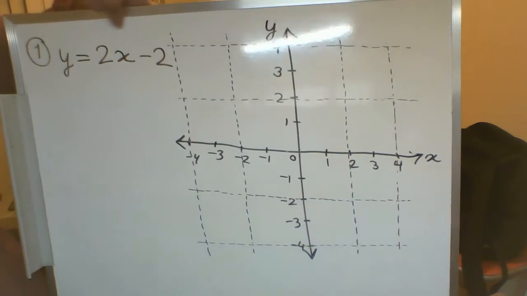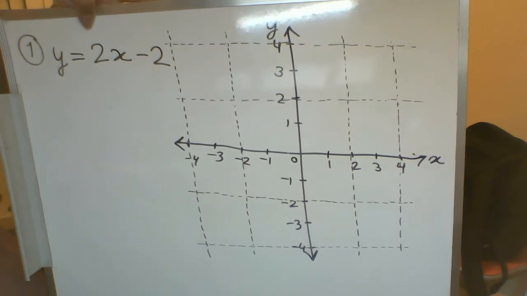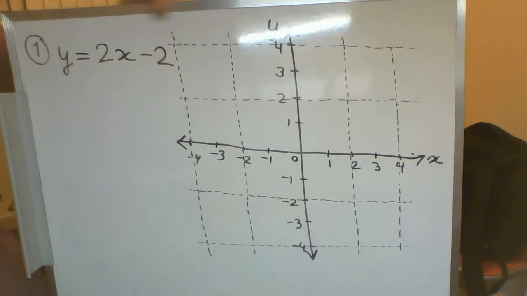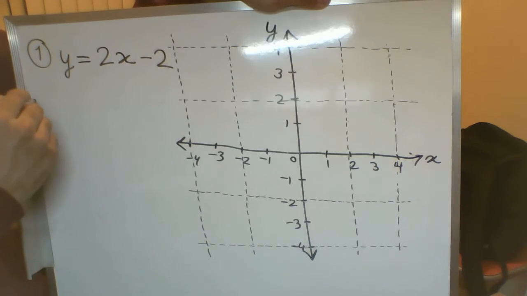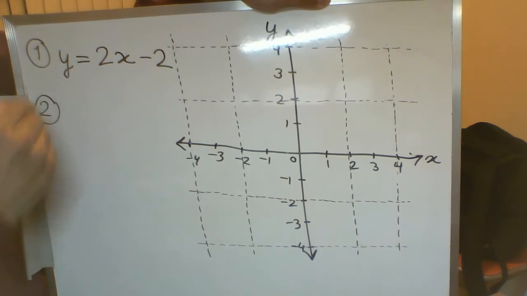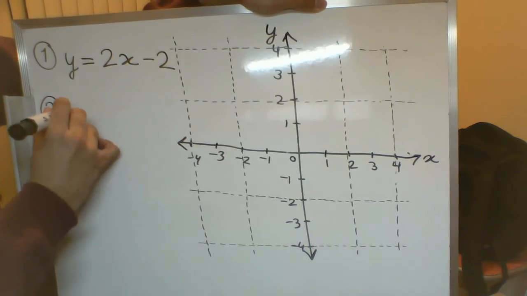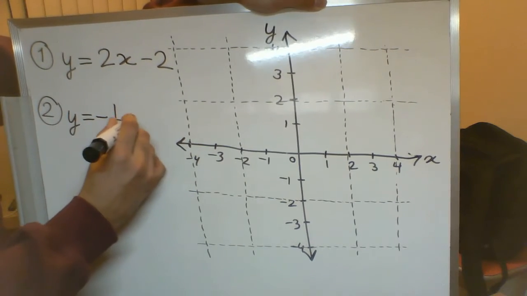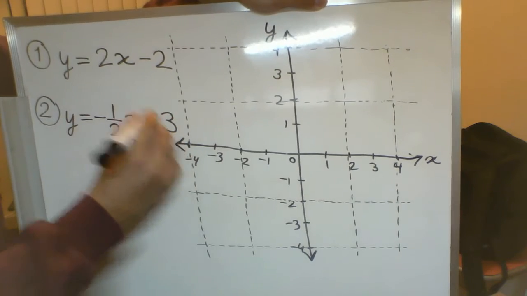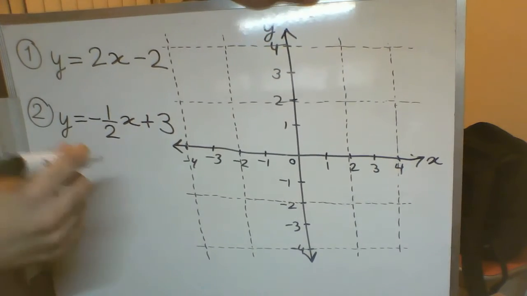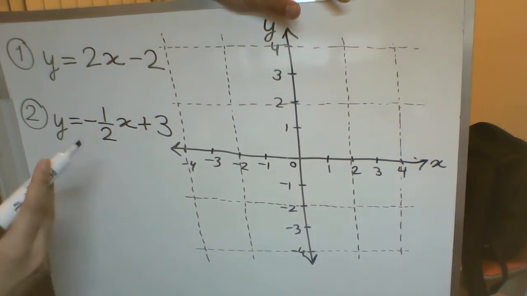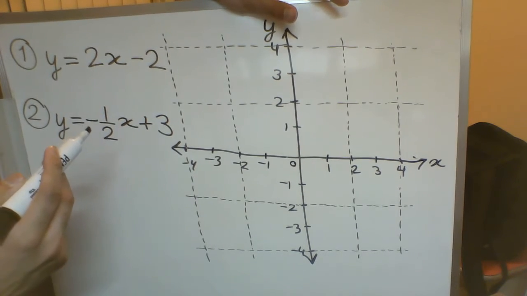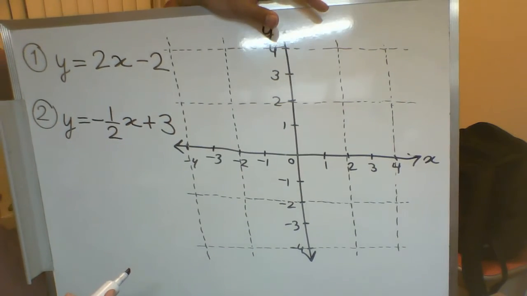But anyway, we're going to graph it one more time, and then we're also going to graph y equals negative 1/2 x plus 3. So a little bit more to unpack there. We've got a slope that's not only fractional, but also negative. So we've got a little bit of work to do there.